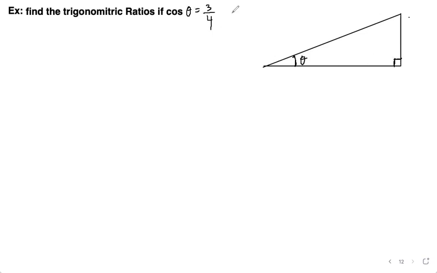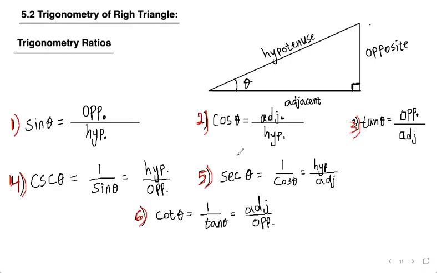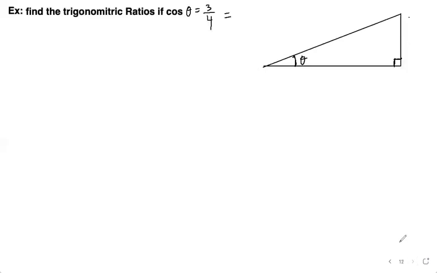So the cosine of theta equals what? What's the formula for the cosine? The cosine of theta equals adjacent over the hypotenuse. So the adjacent is 3, and the hypotenuse is 4.